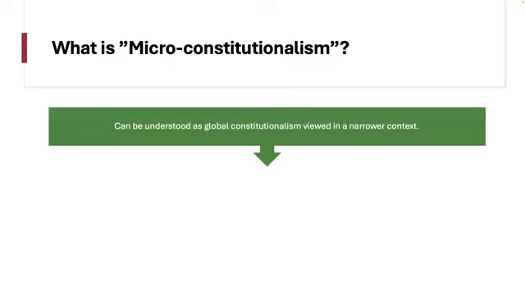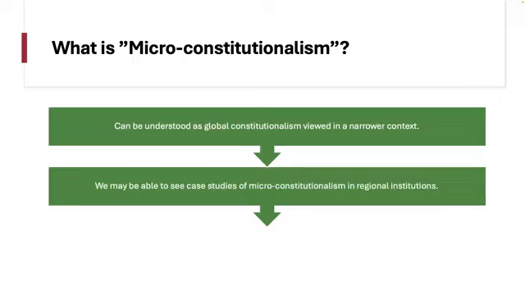Rather than thinking about global constitutionalism with regard to international law writ large, thinking about global constitutionalism as a particular international regime or a particular regional regime, such that we can think about these as microcosms, as basic case studies in constitutionalism in international law, and think about how this has applied and how this has worked.